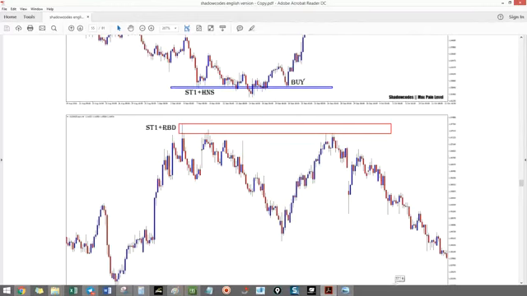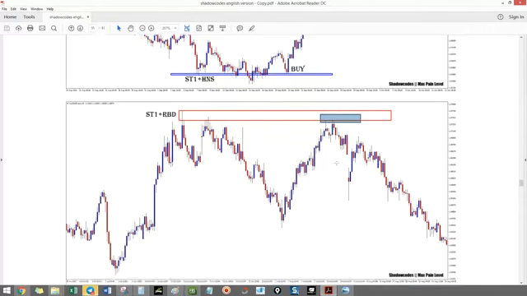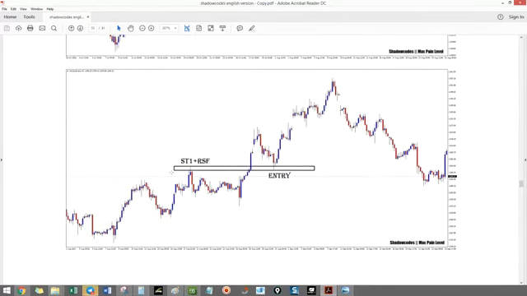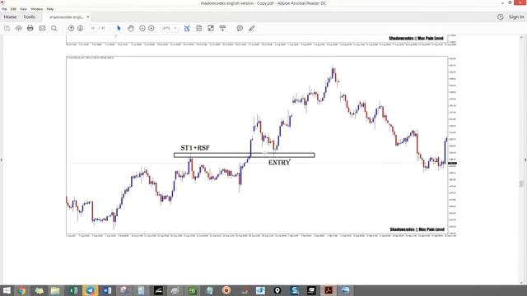So this is ST1 at RBD, or supply zone. Also the same, this one, and you got a 0 drawdown entry over here. This one is ST1 plus RSF, and then you got your entry there.